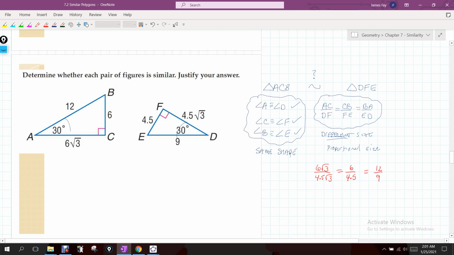There's a couple of different routes you can go here. If you don't know the simplification, you could take your calculator, type these in, and put them all in decimal format. You're going to find out that you get 1.3 repeating for all of these.